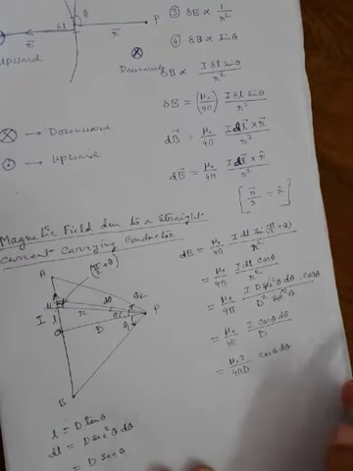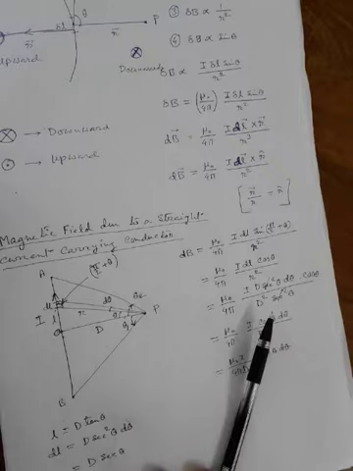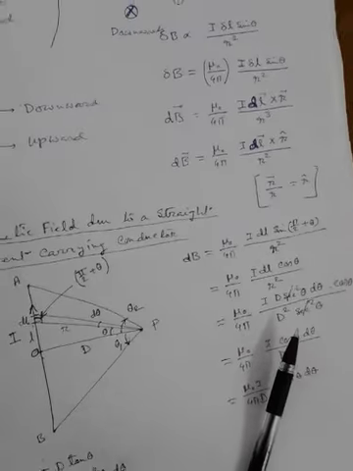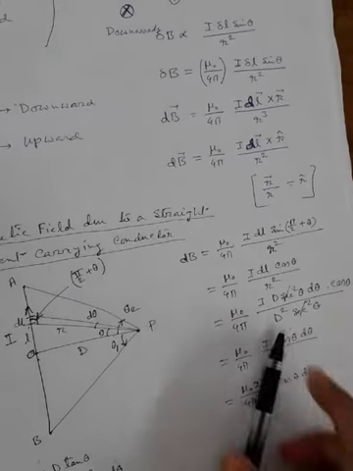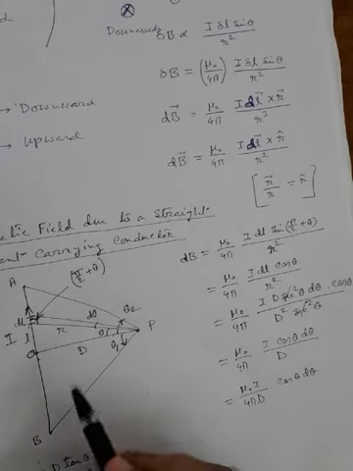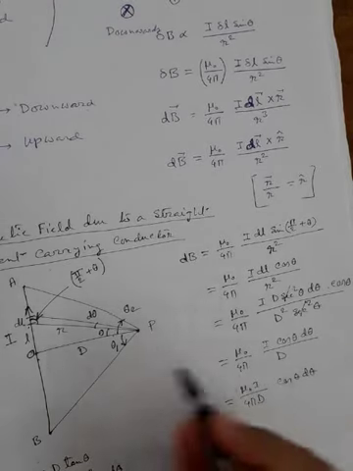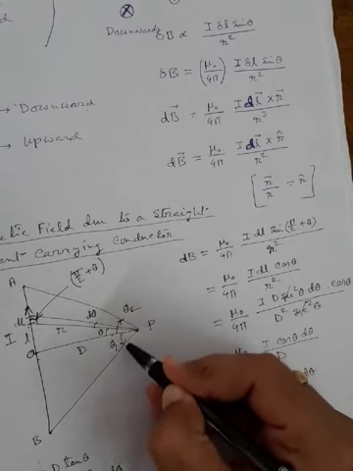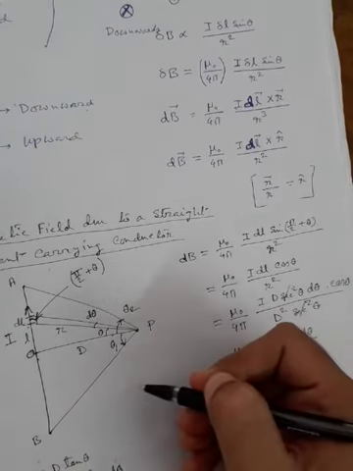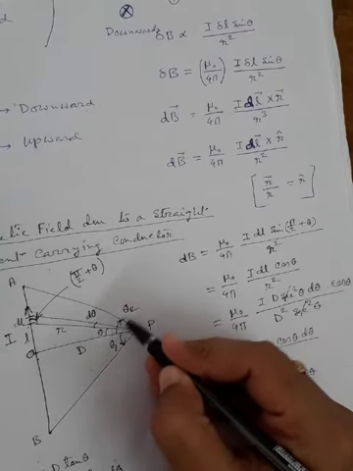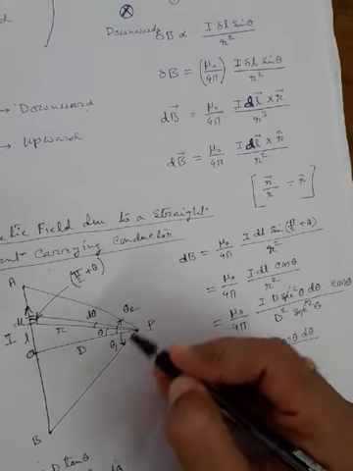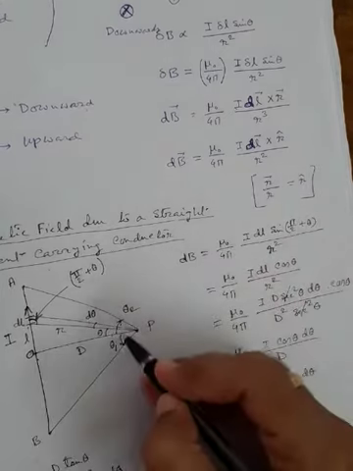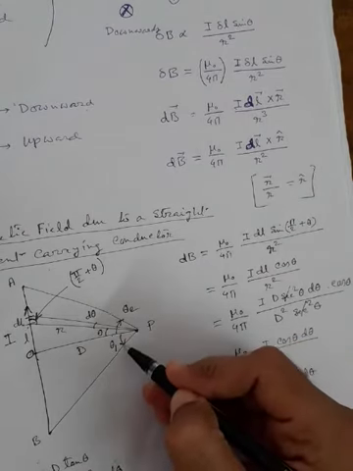Now again return to this figure. From this figure, this theta 1 is in the opposite direction, and this theta 2 is in the opposite direction of theta 1.